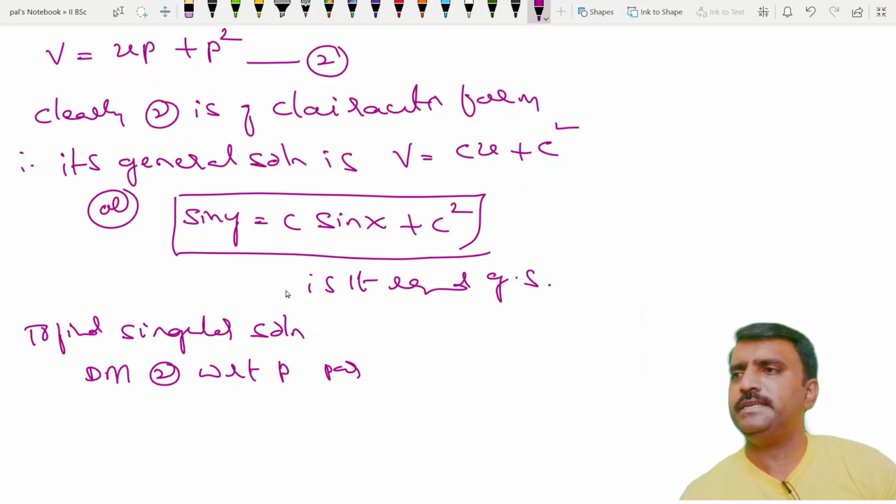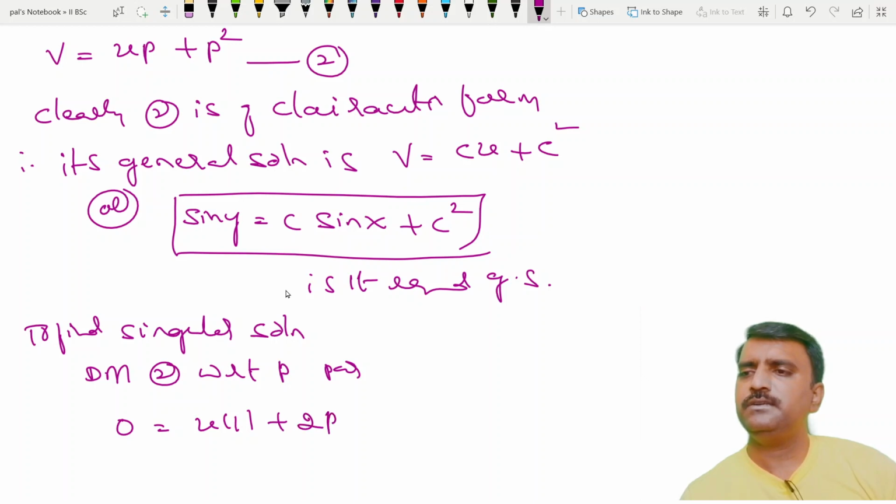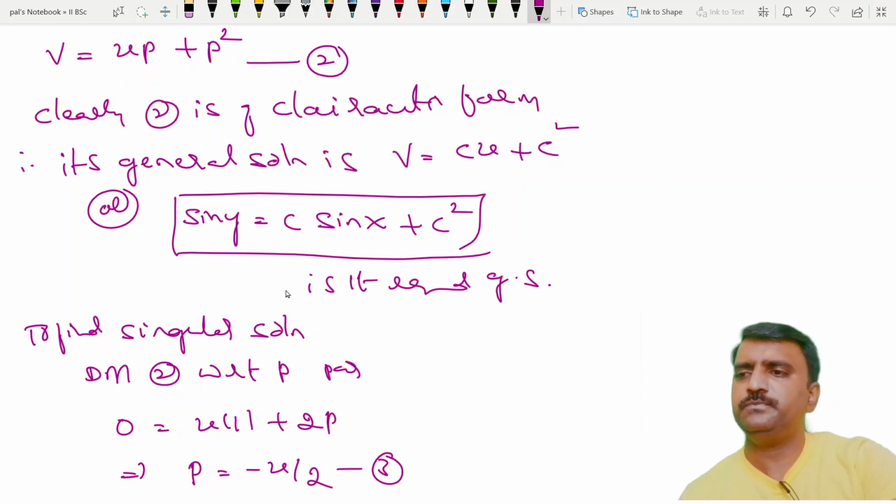So if we are differentiating this with respect to p, then 0 is equal to u into 1 plus 2p. What does it imply? p is equal to minus u by 2. Take this as 3. Substituting 3 in equation 2.